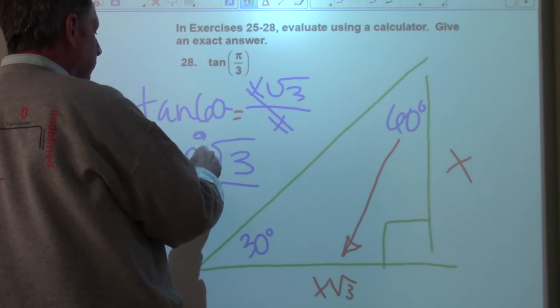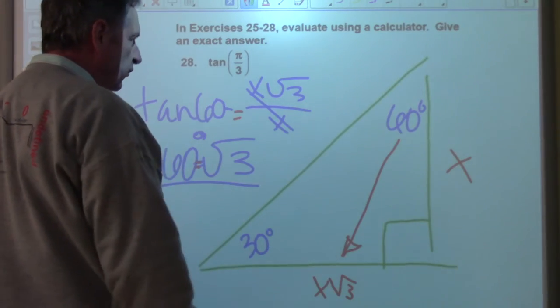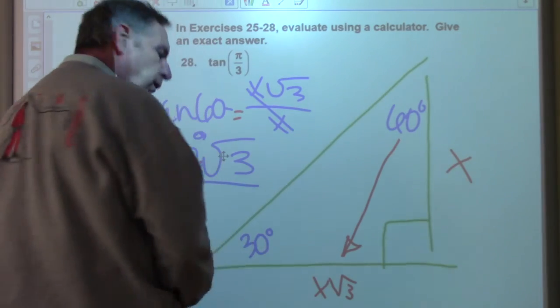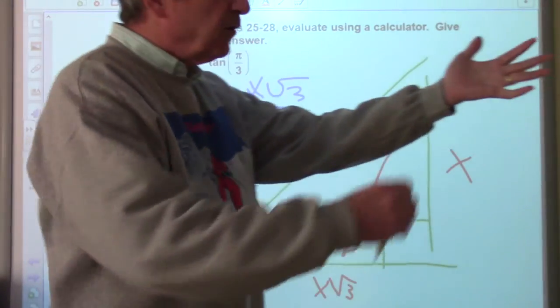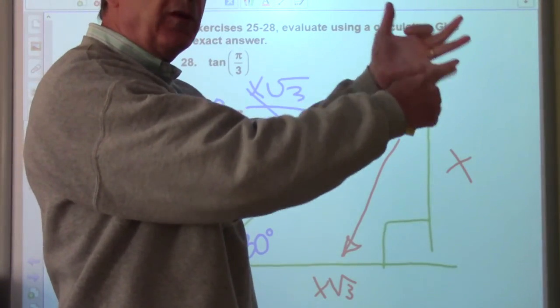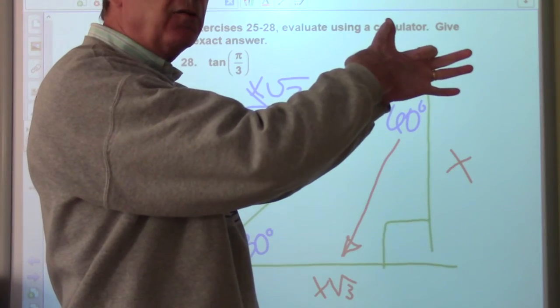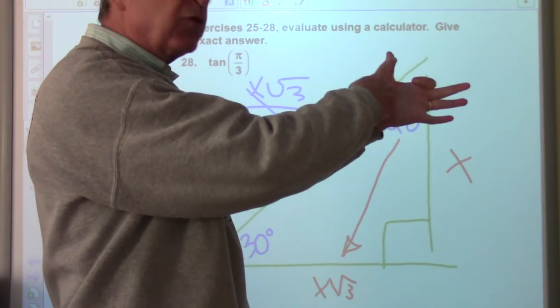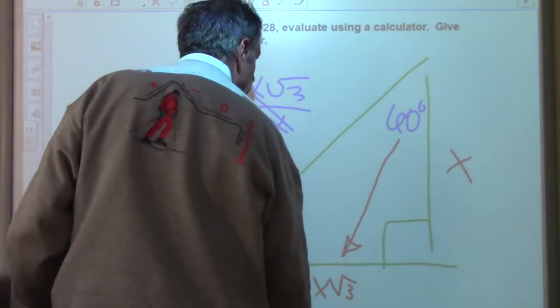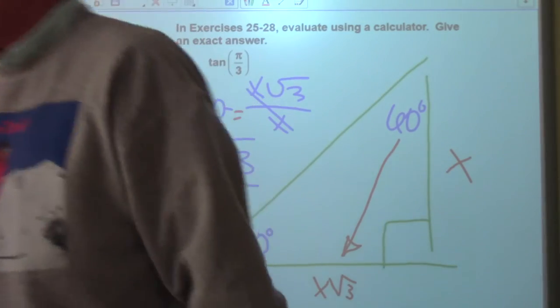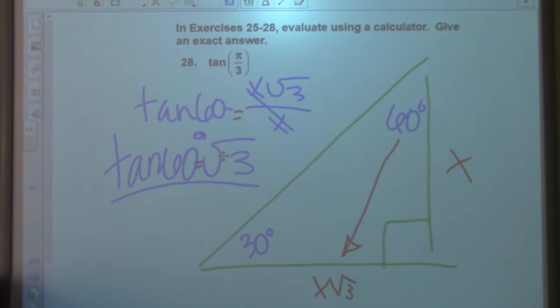Is it above or below? Below, above. The hand trick: tangent is square root of these fingers over square root of these fingers. Square root of 3 over square root of 1 is square root of 3. Okay, the next ones here are really legitimate calculator ones.